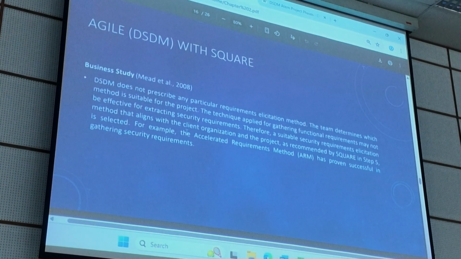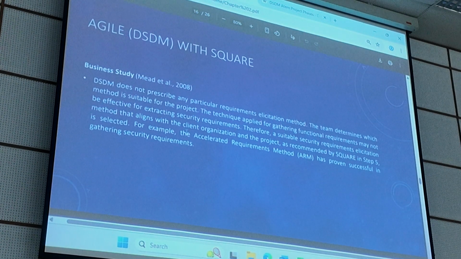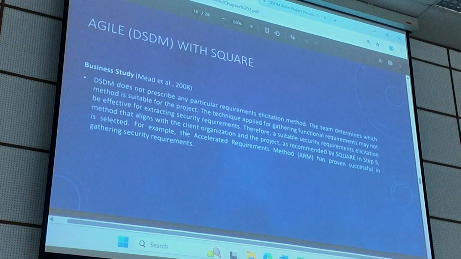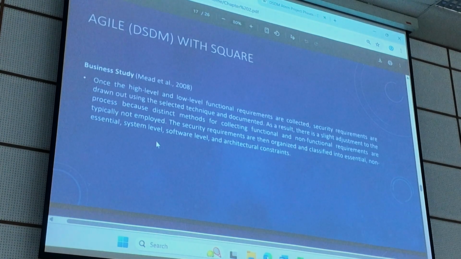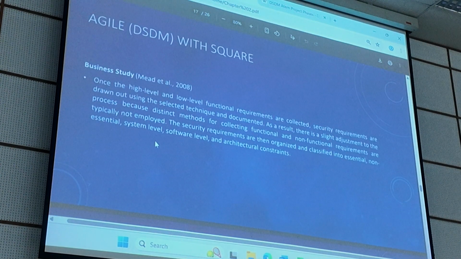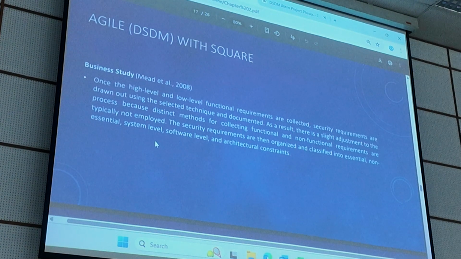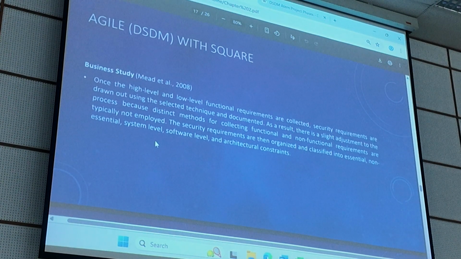This is step 5. In step 5 you integrate into the phases of the DSDM. Then continue. After you have your elicitation technique, you try to elicit the requirements.